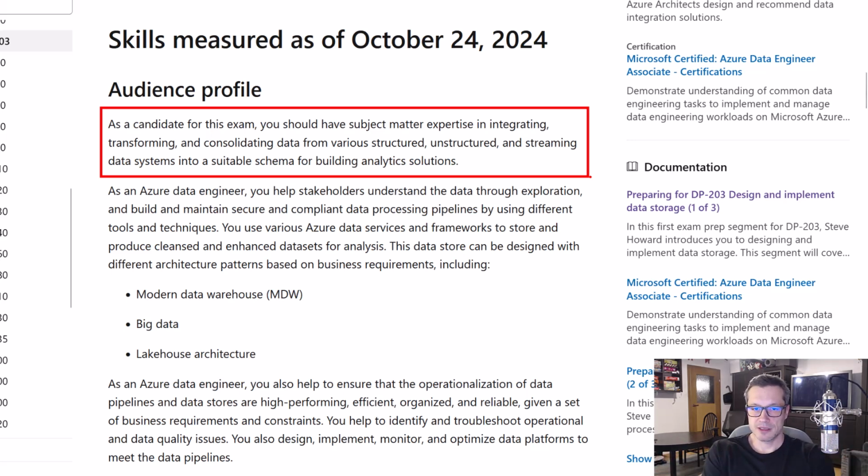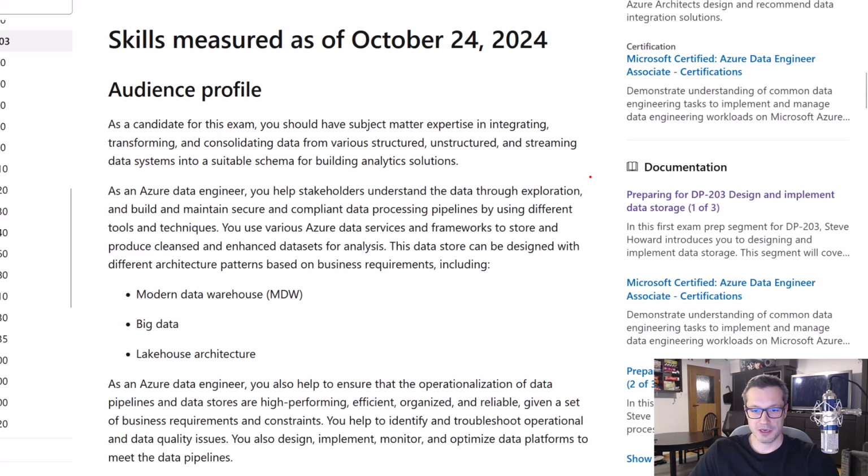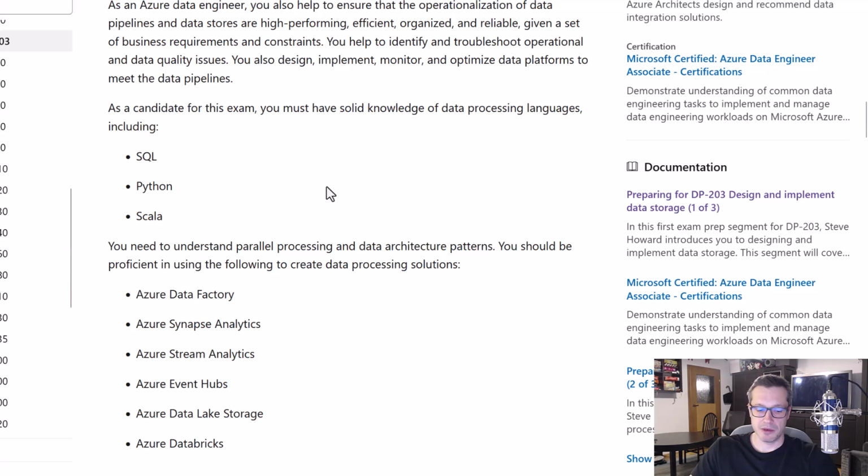As a candidate for this exam, you should have subject matter expertise in integrating, transforming, and consolidating data from various structured, unstructured, and streaming data systems into a suitable schema for building analytics solutions. Alright, that's one thing. Then if we go deeper, you will see what kind of languages you are expected to know.